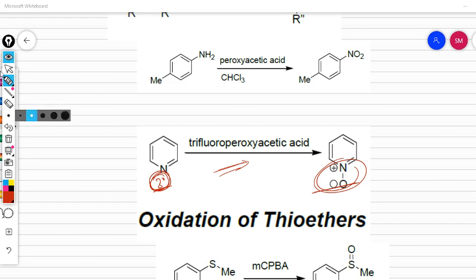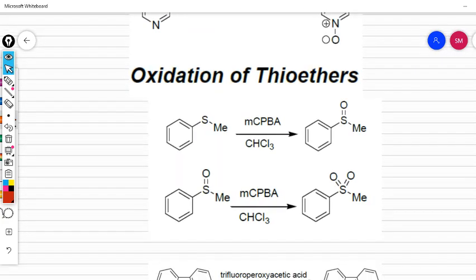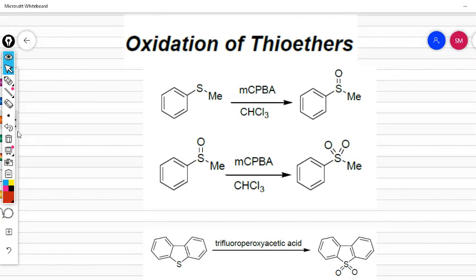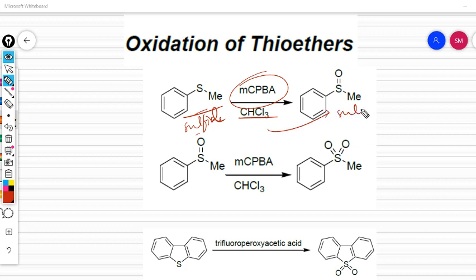Next, in the next application, we are going to see the oxidation of thioethers or sulfides. If you take a sulfide or thioether and treat it with metachloroperbenzoic acid, it will convert into the sulfoxide.